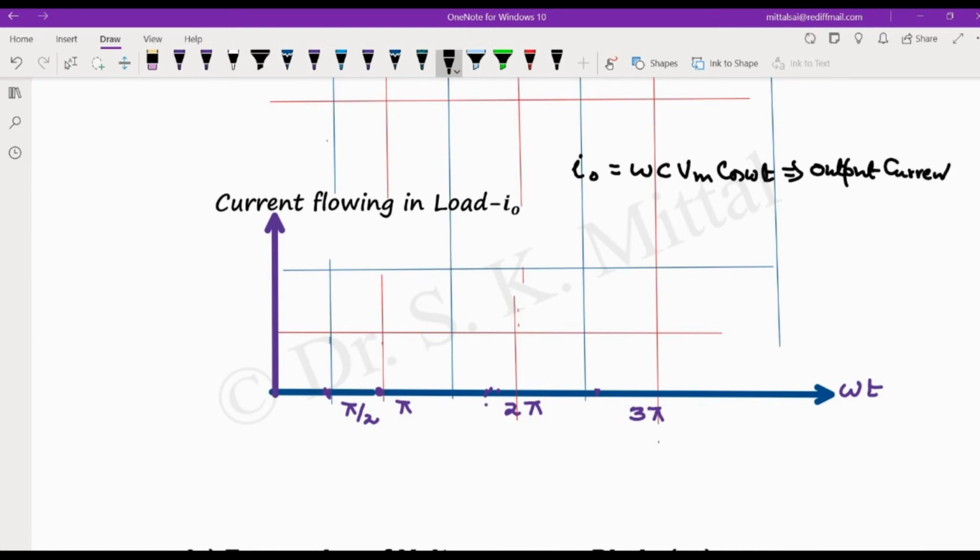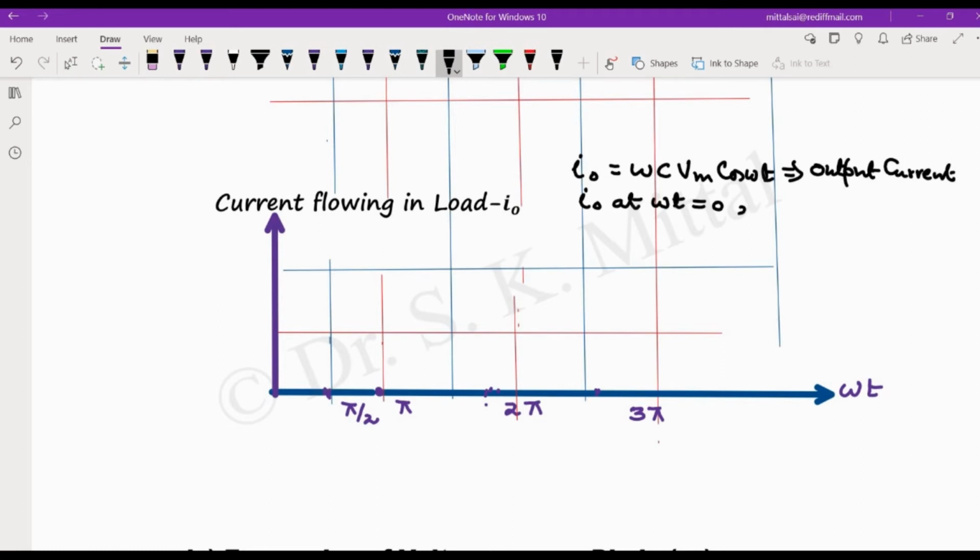Now, if this is the current flowing through the capacitor load, we will calculate the value of current at different points to draw the waveform. I0 we will calculate first at omega t is equal to 0, so that we get the starting point.